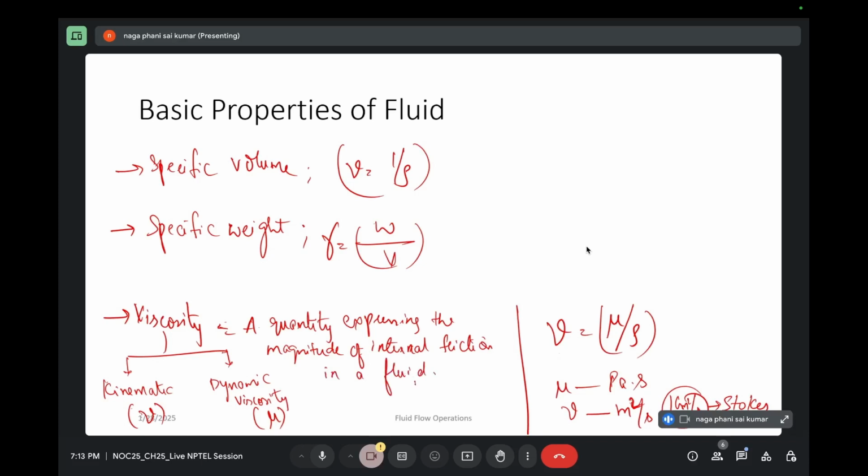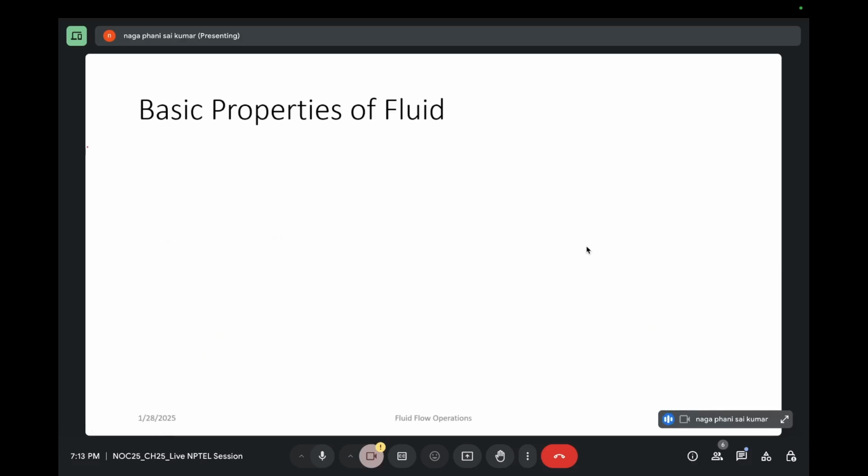This is measured as force per unit area resisting uniform flow. And then we have surface tension. Surface tension is the internal pressure of a spherical drop.